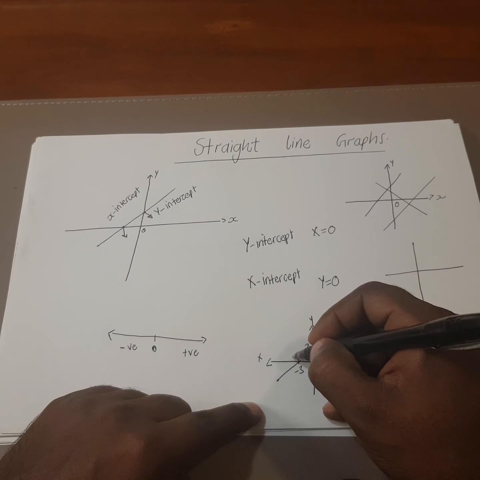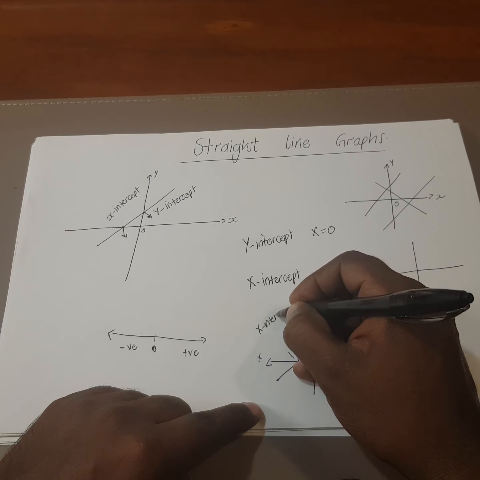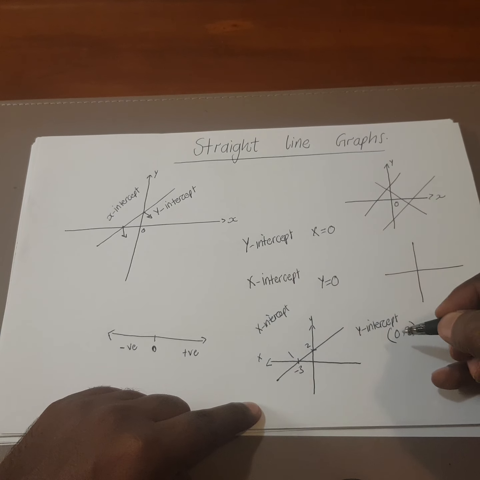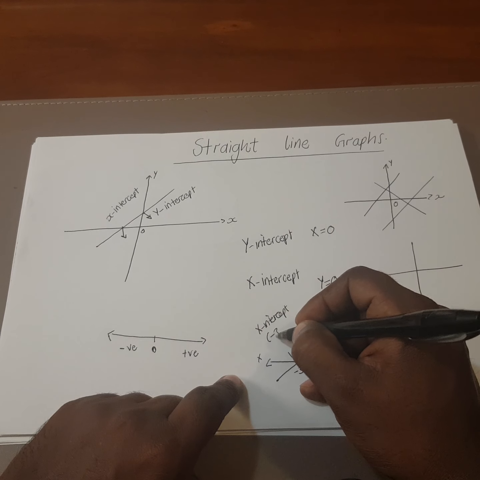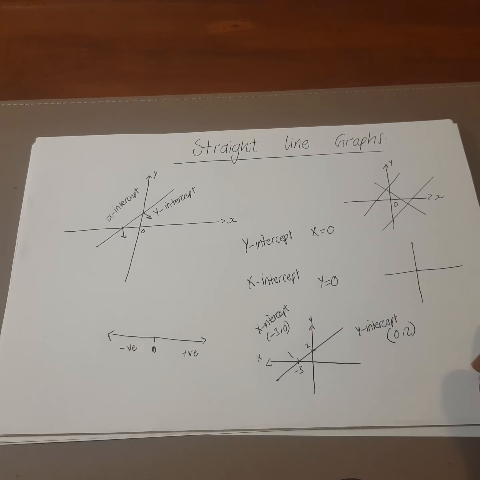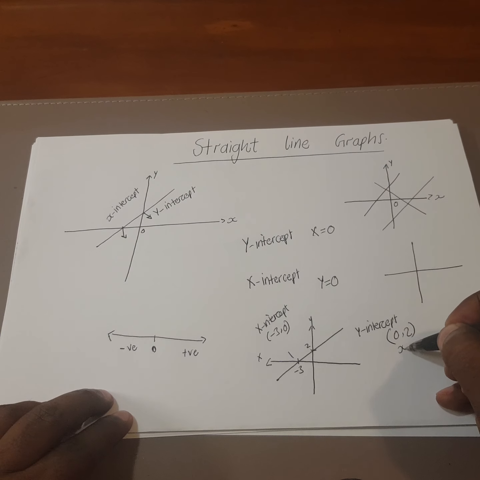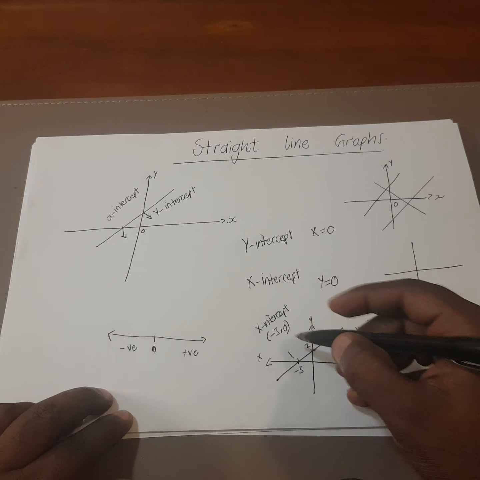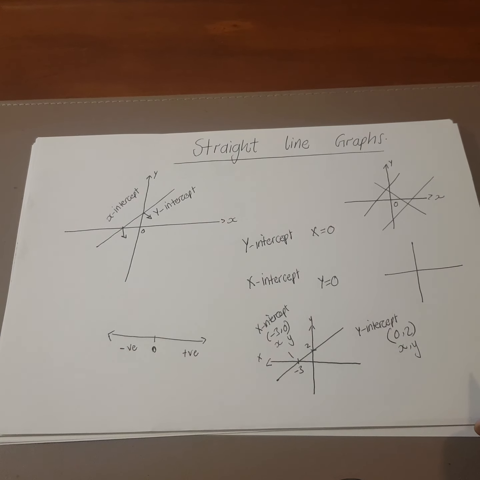And my x-intercept, in this case, y is going to be 0, so my x-intercept is (-3, 0). That reinforces my point that in your y-intercept, your x-coordinate is 0 and not your y-coordinate. In your x-intercept, the y-coordinate is 0 but not your x, and that's how you understand.